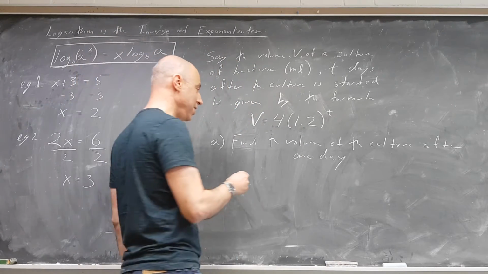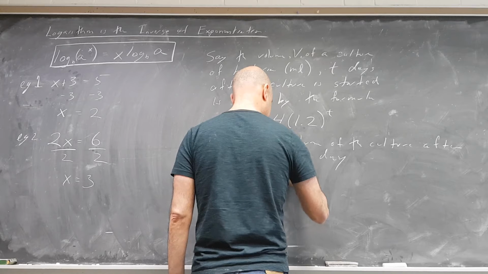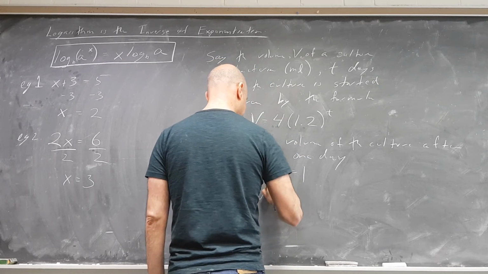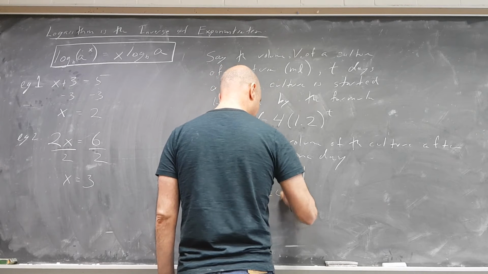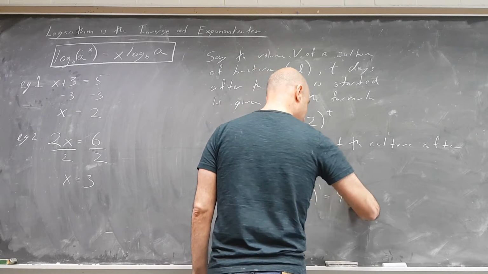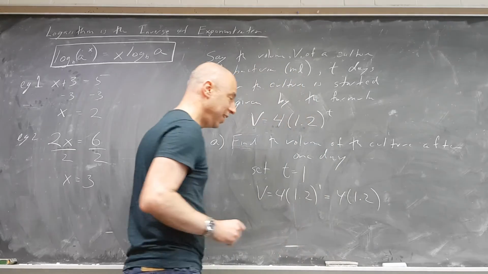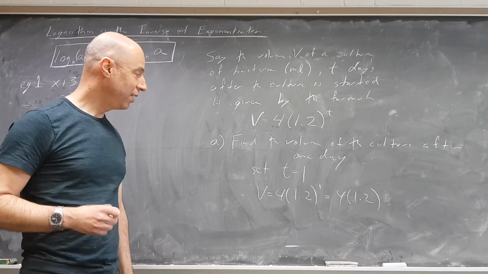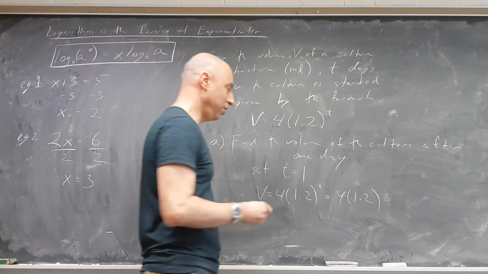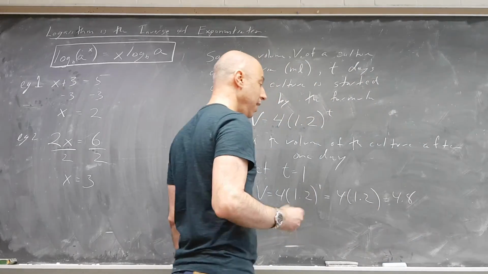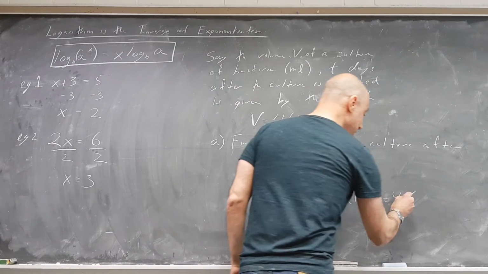As you know, you just plug in t equals 1. And so you have the volume of the culture is going to be 4 times 1.2 to the 1. That's 4 times 1.2. We really don't even need a calculator for this one. And if you multiply 4 times 1.2, you get 4.8. And of course, that's going to be in milliliters.